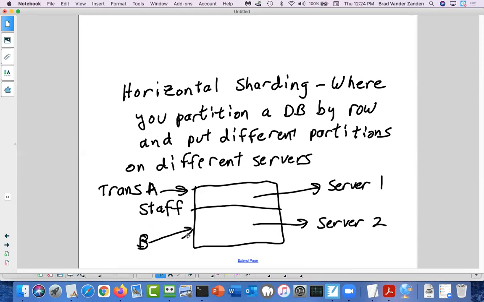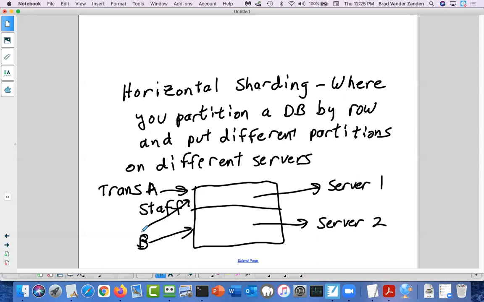There's not an issue. Now, if B also needs to do some things up here on server 1, there could be an issue. But if A and B are operating on different partitions, there are no locking issues. And so the usual issues that relational databases encounter with not being able to lock when they don't have shared memory is not an issue here.